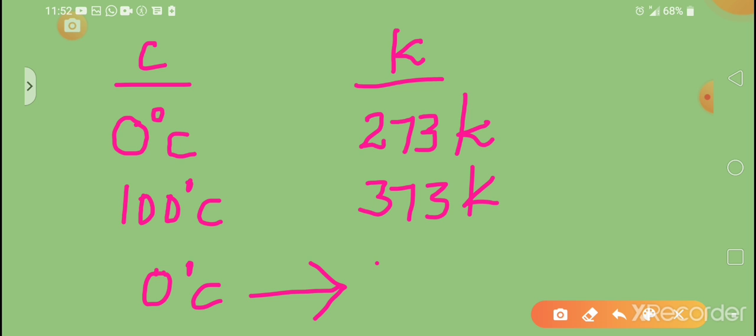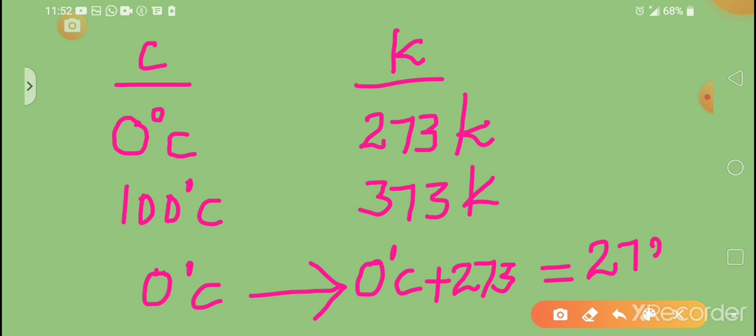So we should add 273 plus the given temperature. So what we get? 273 Kelvin. Okay, so by adding 273 to the temperature on Celsius scale, we get the temperature on Kelvin scale.